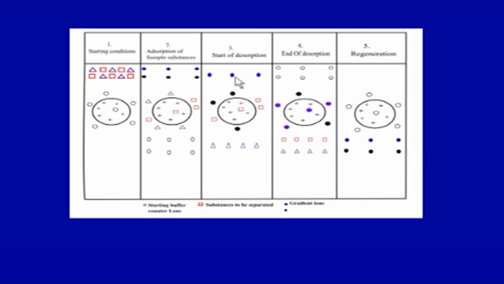Then your gradient ions will be utilized like NaCl or some other, which will elute as per the affinities, maybe by increasing salt concentration, and then once this is done it will be regenerated. So, that is how it is a very simple mechanism of ion exchange chromatography. It is a very simple, very versatile technique to be used.